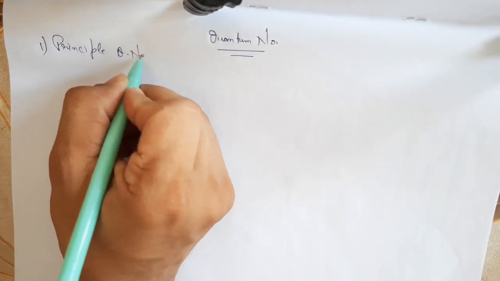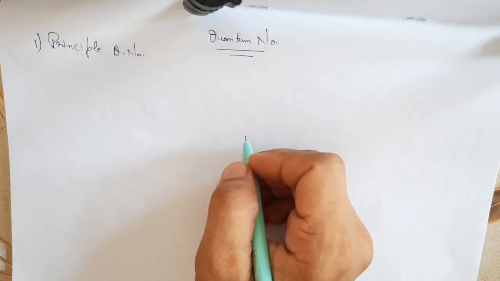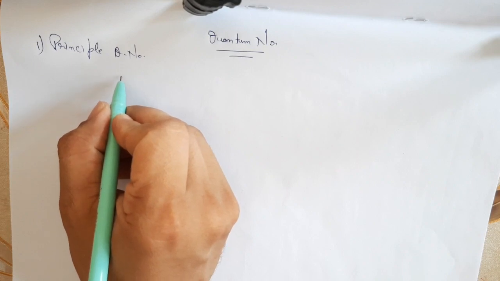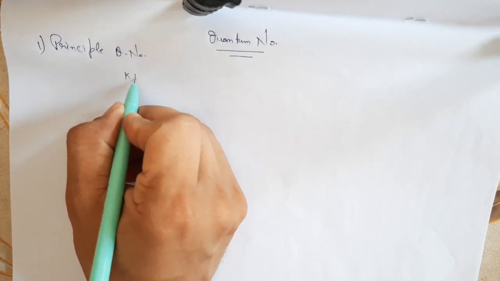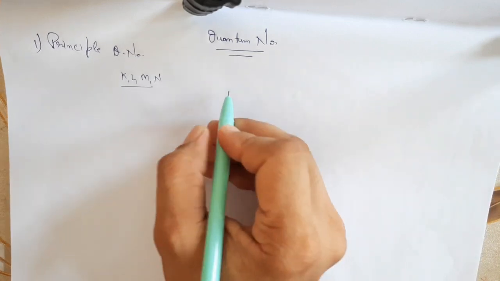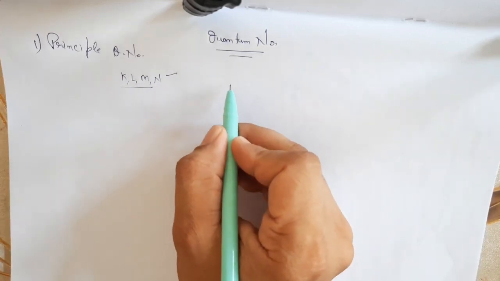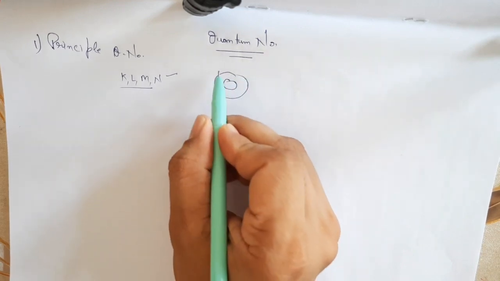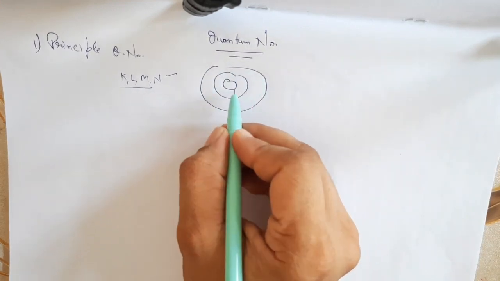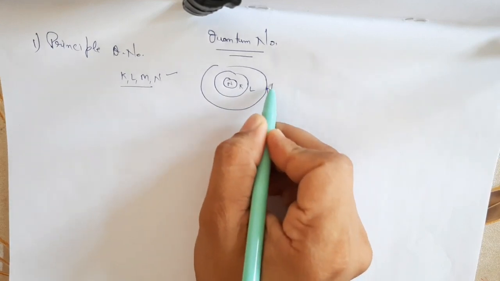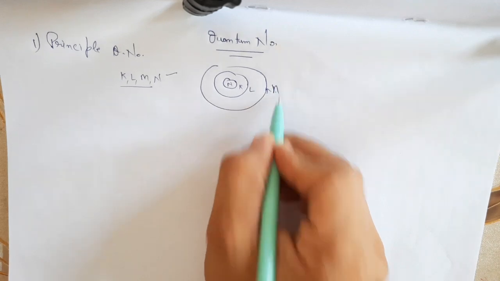Now what is meant by the principal quantum number? The principal quantum number is represented by K, L, M, N. So what does it mean?